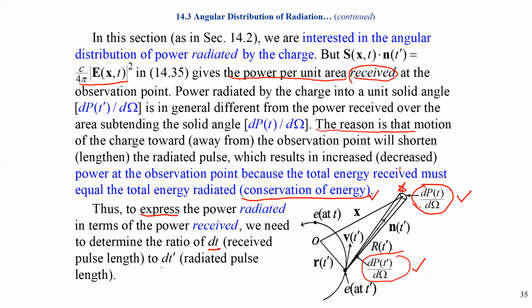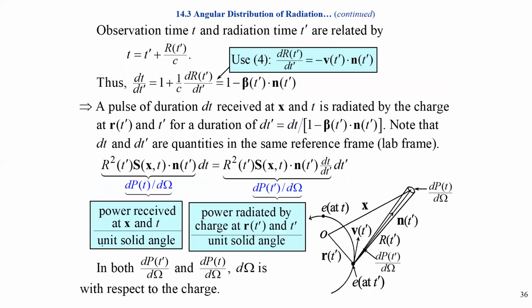这两个的比例必须决定下来。为什么呢？因为 total power 是 energy divided by time，那 energy 是一样，所以两个 power 之间必定的关系是 dt 跟 dt prime 的关系。Observation time and radiation time, retarded time.